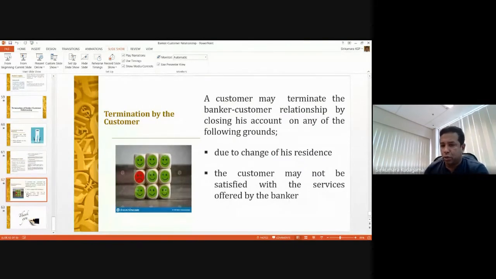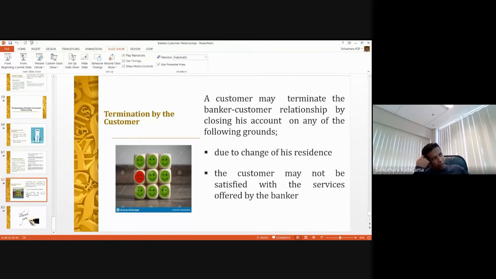The customer can also terminate the contract due to practical reasons, but the customer doesn't have to take trouble. He can immediately inform the bank and terminate the relationship. Classical English law is that the customer can immediately stop the relationship by informing the bank that I want to close the relationship. That's it.